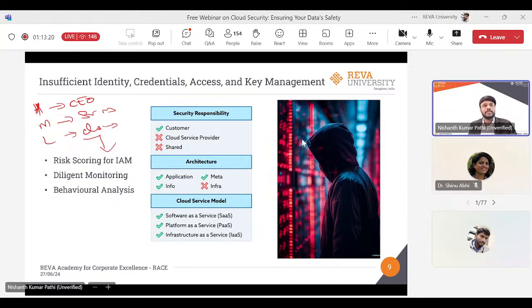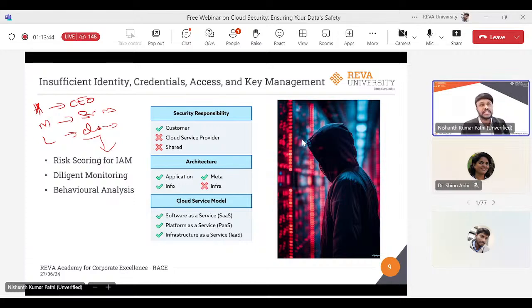And due diligence of continuously monitoring which user is accessing from what location, from which IP address he is accessing, is very important. And then performing behavioral analytics, like Nishant is a user who typically accesses from a United States region, but suddenly one day he is accessing from India. That's not his behavior.